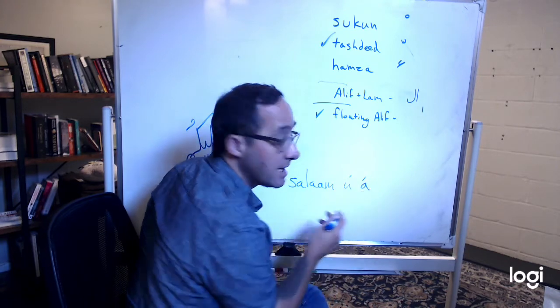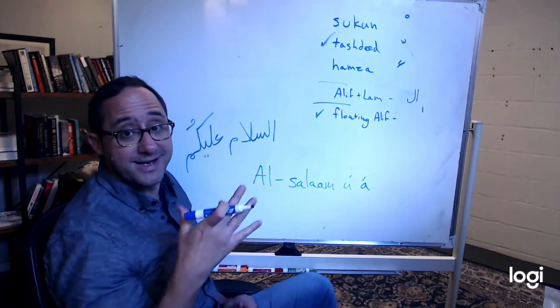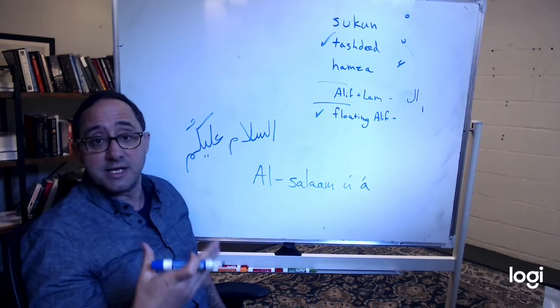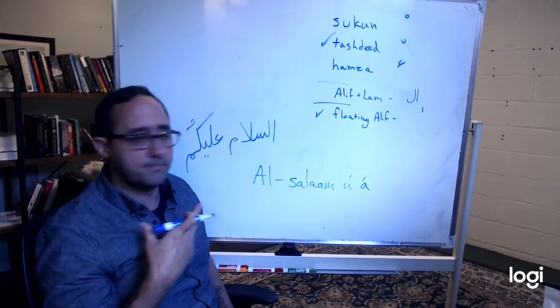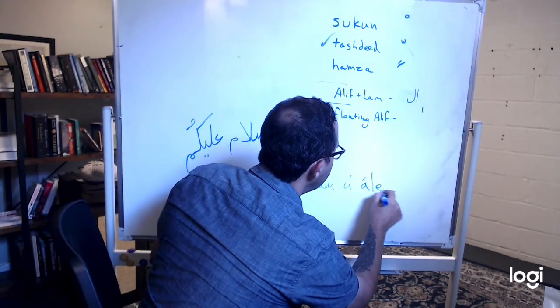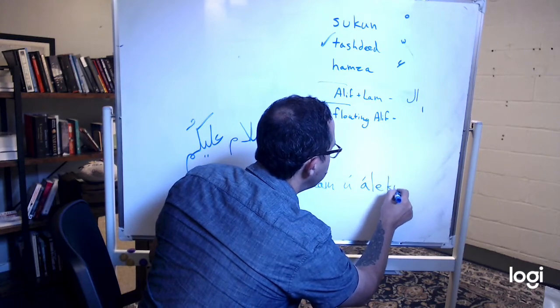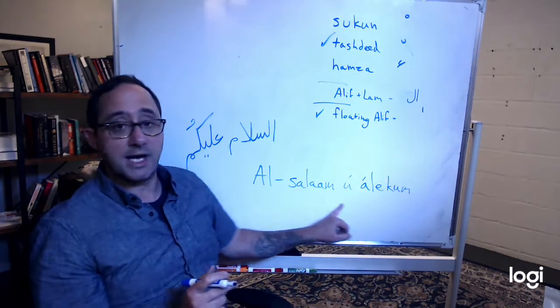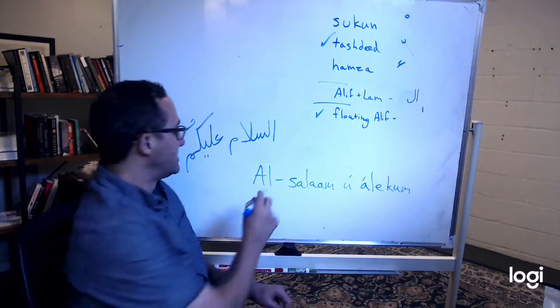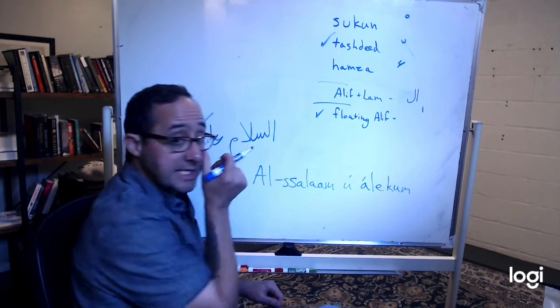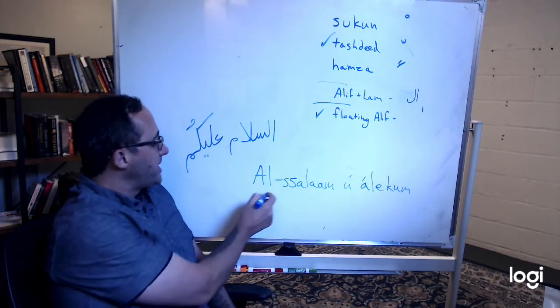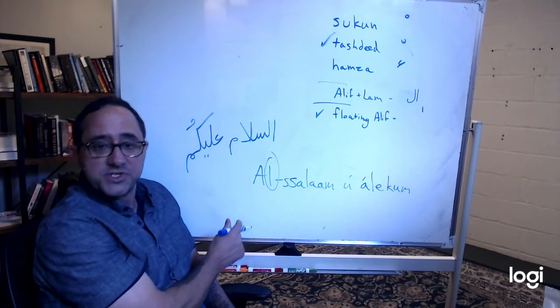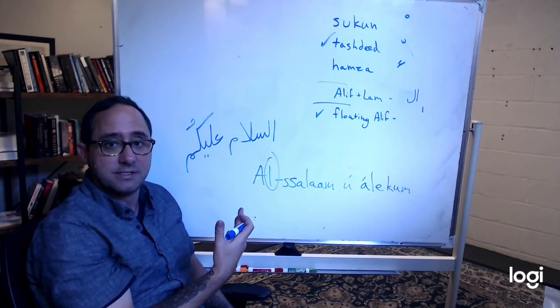This is actually an L but in Urdu we don't say it, so it's assalamu alaikum, and you want to hold that S, but we don't say this L. So it becomes like a double S.